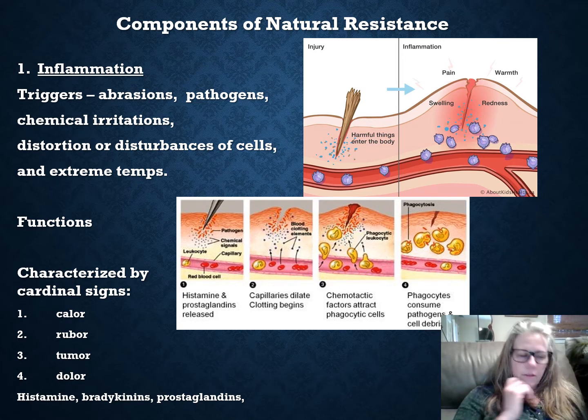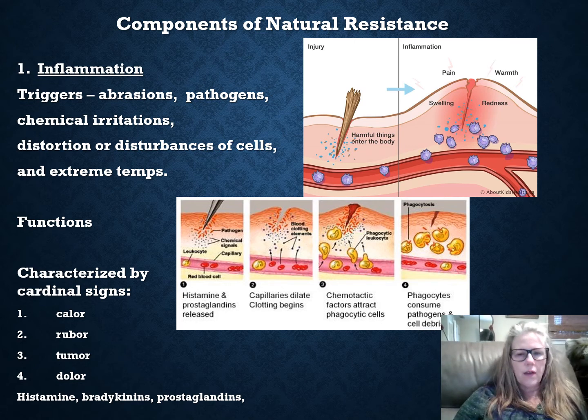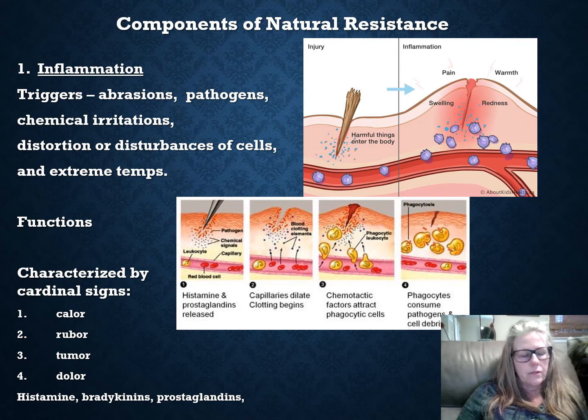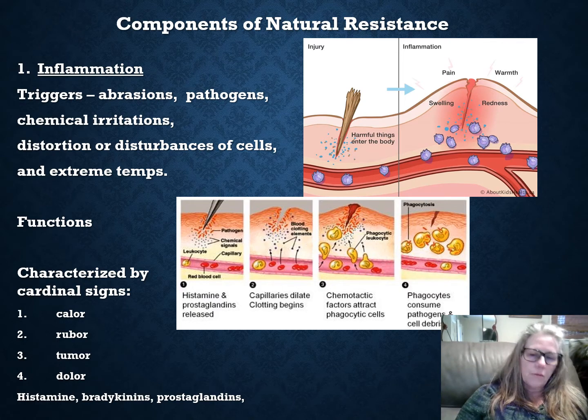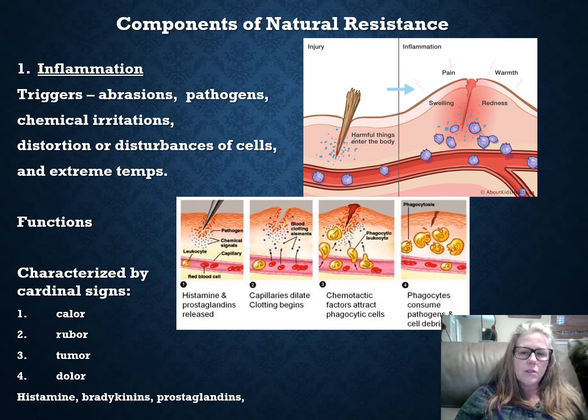One of the functions of inflammation is to limit the spread of pathogens. How does it do that? First of all, you're going to see vasodilation. Vasodilation is when the blood vessels dilate and therefore bring more blood into the region. It also brings certain cells of the immune system into the region. And you start to see a clot around the abrasion.